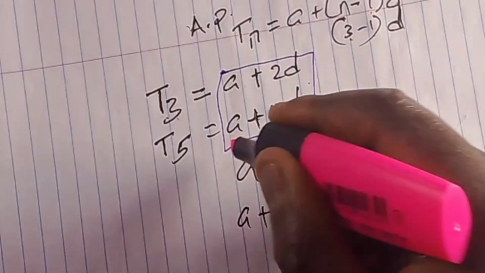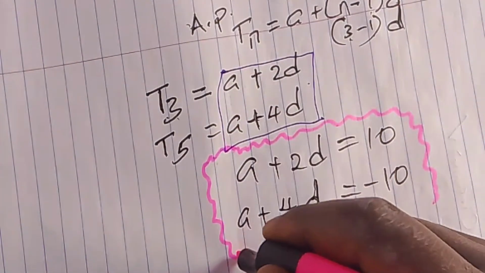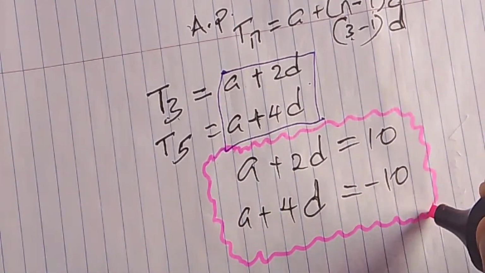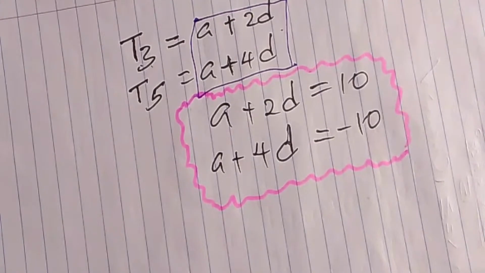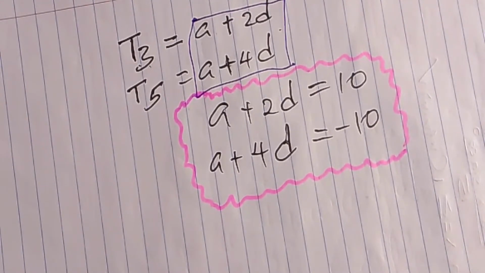So wewe ukiangalia hii vizuri hata bila kuambiwa, hii hata mlevi atajua ni linear equation. So nimewekea maua. Luse, Mbolo. Vijana wako.